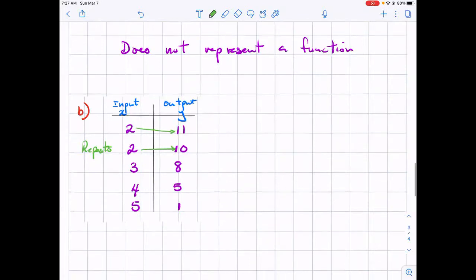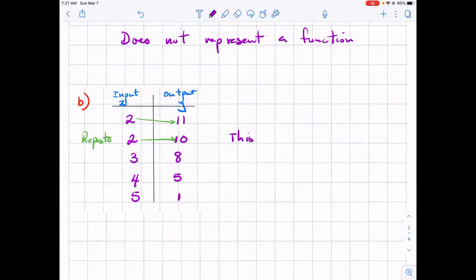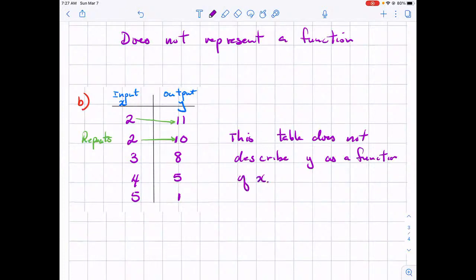So we said that this table does not describe y as a function of x.